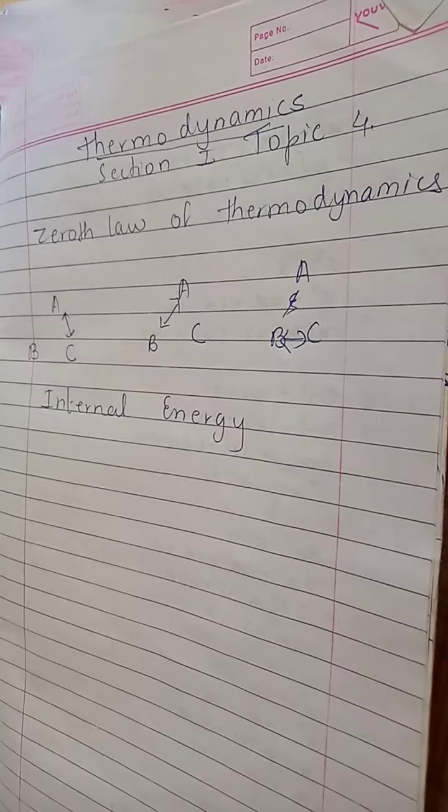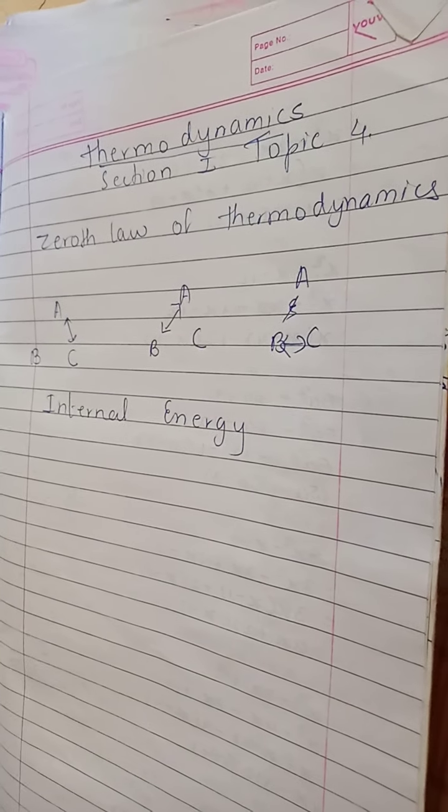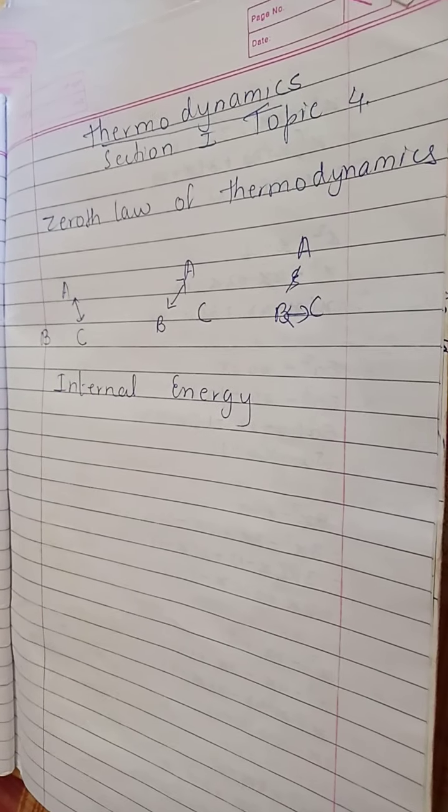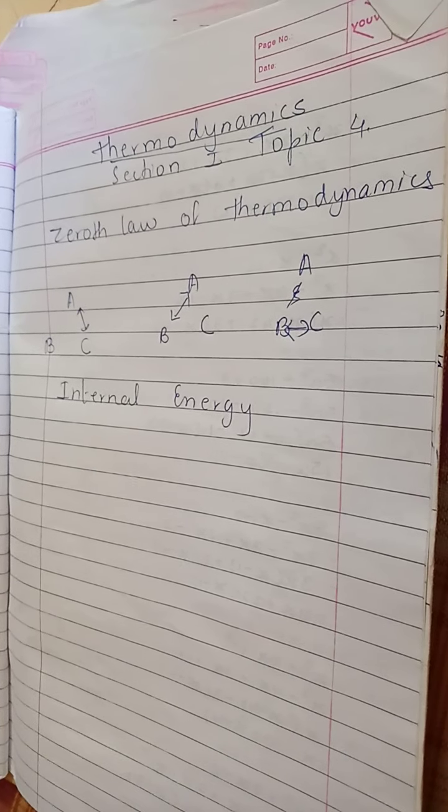Every substance is made up of molecules. Molecules are in random motion with respect to each other. Maybe in liquids there may be more and in gases there may be high, but all the molecules are in random motion. Whatever is the energy associated with the random motion of the molecules of the substance is called the internal energy.